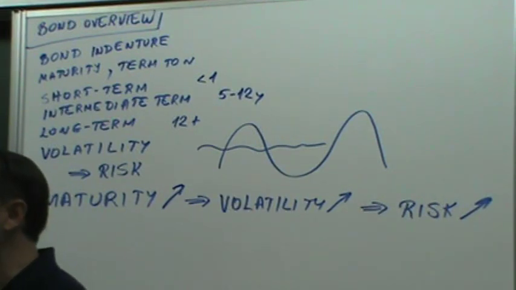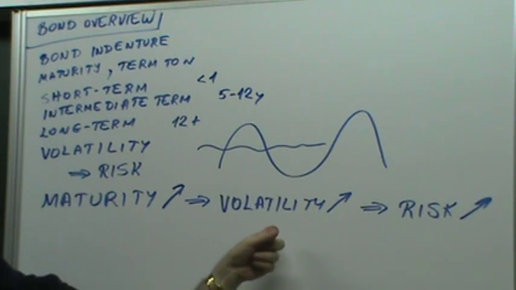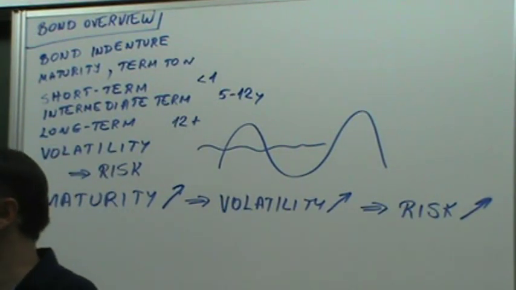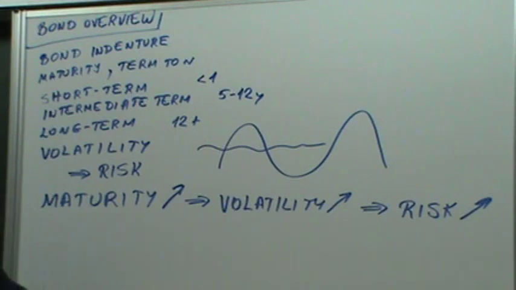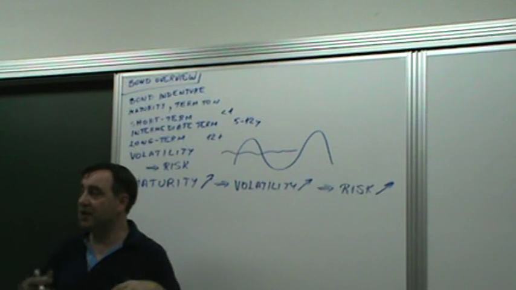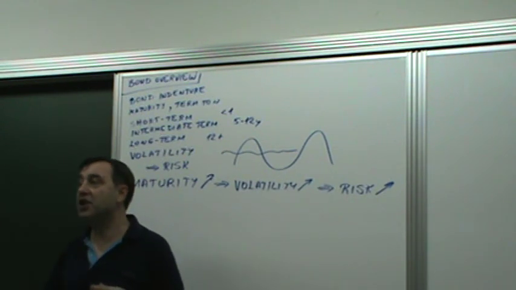A 10-year bond will have a higher volatility than a 1-year bond, okay? And will have a higher risk. So you have the most basic relationship in bonds and in bond markets, which is part of general finance, that the higher the maturity, the higher the risk.